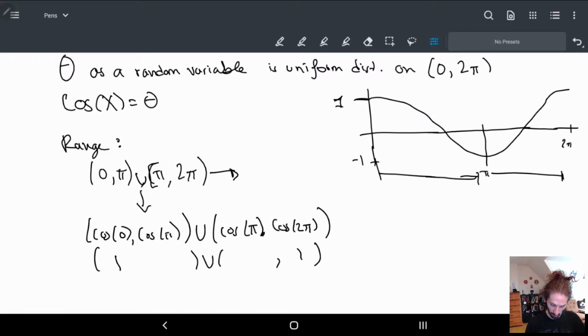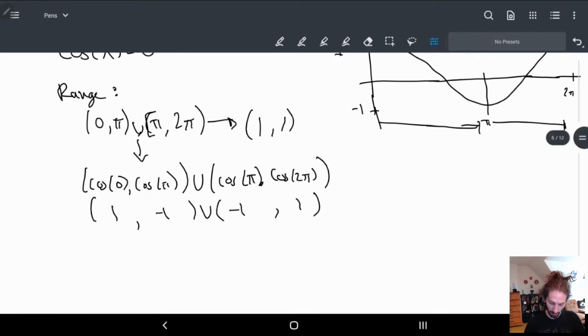So I would get an interval from 1 to 1, which is technically not true, because we have all these other values. So breaking it up into intervals from decreasing to increasing makes more sense. Here cosine of pi is -1, and it's much more clear that my interval should be -1 to 1. So this is the interval that I'm going to be working on for x.